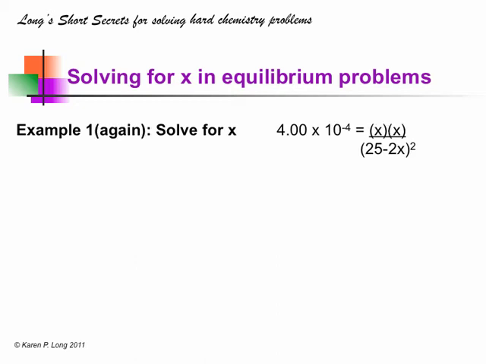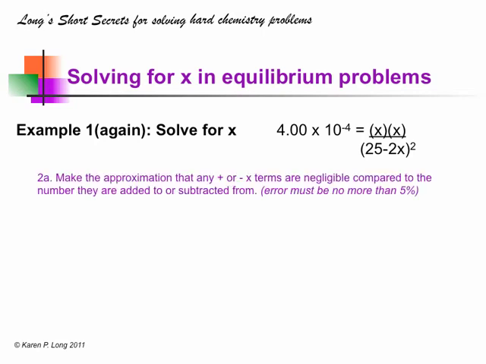Let's try it again a different way. We'll try the second method, where we make the approximation that any plus or minus terms are negligible compared to the number they're being added to or subtracted from. Here we have a 2x being subtracted from 25. Now what if x turned out to be something like 0.1?